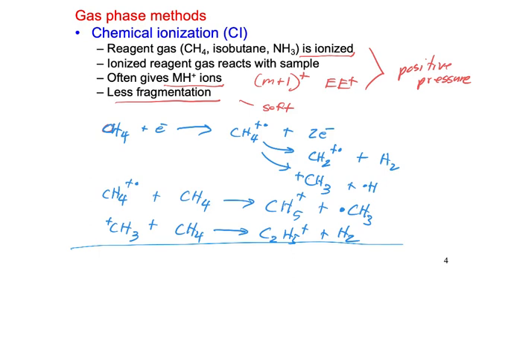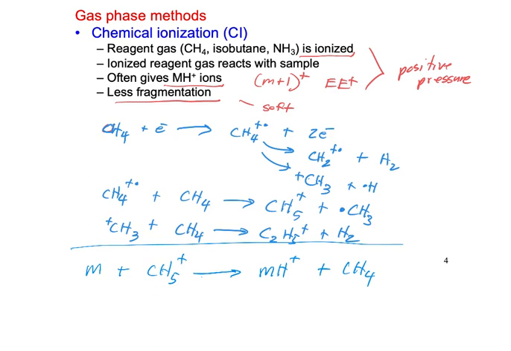We're just creating a very high energy environment, and we want to transfer a proton. Something, for example, like CH5 plus, you might imagine as being quite a strong acid. So we could draw it like this: M plus CH5 plus is going to give us MH plus and CH4.